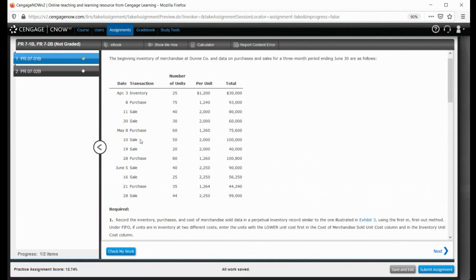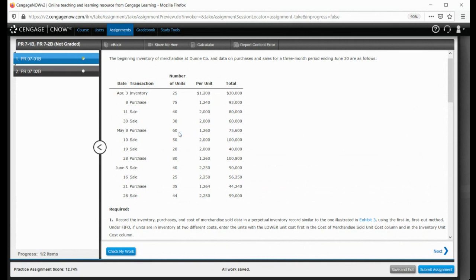In the month of May, we have another purchase. Notice this time it's a purchase, so we're buying merchandise. In our journal, we're going to record a debit to our merchandise inventory and a credit to our accounts payable for the cost of the merchandise that we purchased.